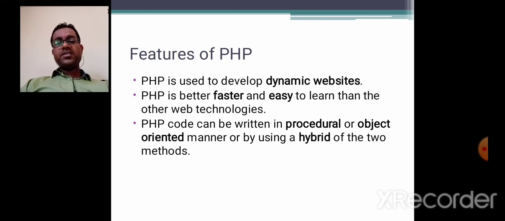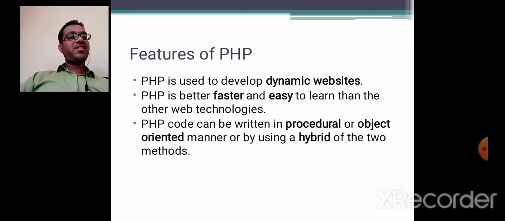Now we have to see the features of PHP. We know that PHP is used for dynamic web pages. It is better, faster, and easy to learn. It is written in procedural and object oriented styles, using a hybrid of the two methods also. The performance of PHP is fast. For database connectivity, it supports many databases like MySQL, Oracle, DB2, PostgreSQL.